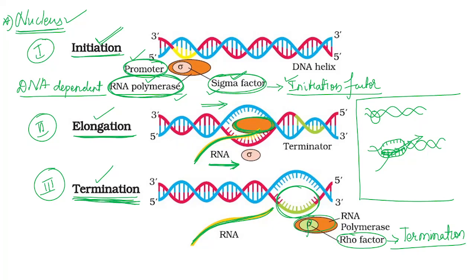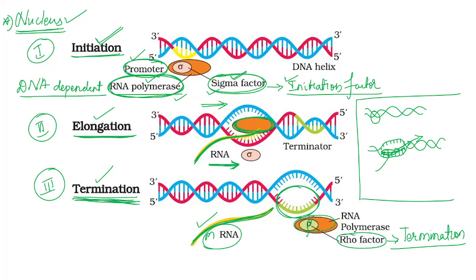Ultimately, what has happened? From one particular strand of the DNA, an RNA molecule is being formed, and this process itself is called transcription. From one strand of the DNA, copying of genetic information has taken place to produce RNA. This RNA is called mRNA.